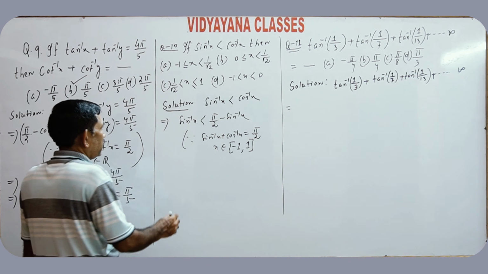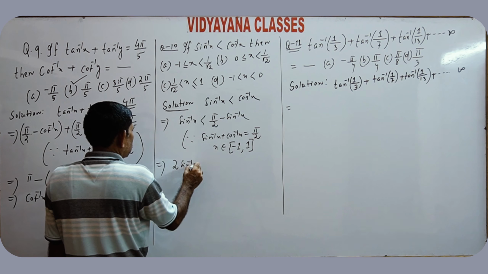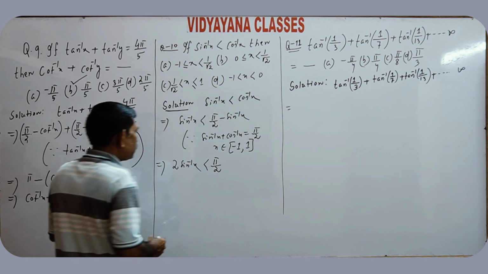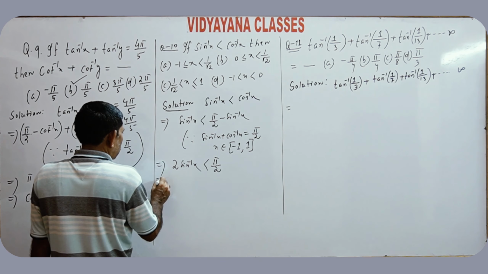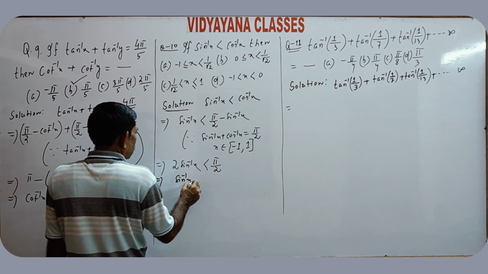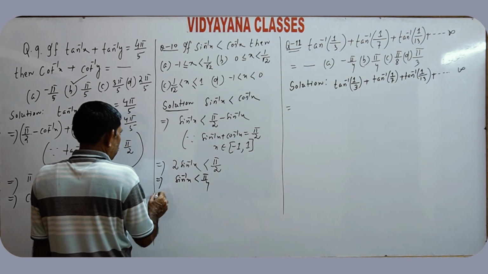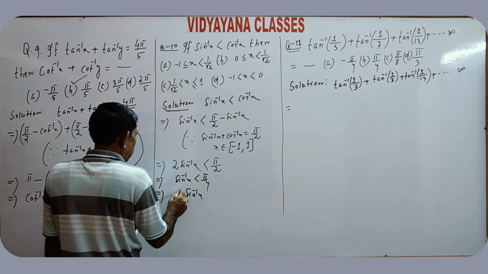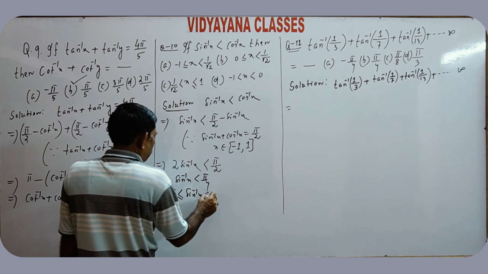This implies 2 sin inverse x less than pi by 2, which implies sin inverse x less than pi by 4.